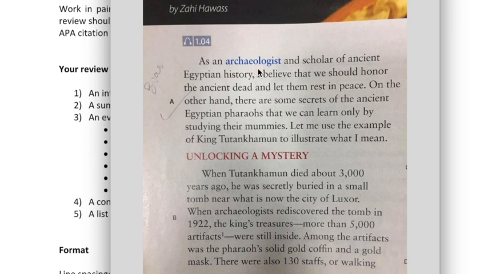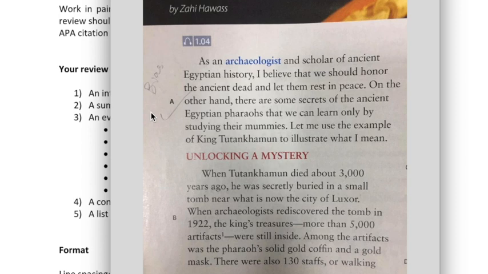If he says that we cannot study the mummies, that means he cannot do his work. So because he is an archaeologist, he says that we should study the mummies to know the secrets of the past.